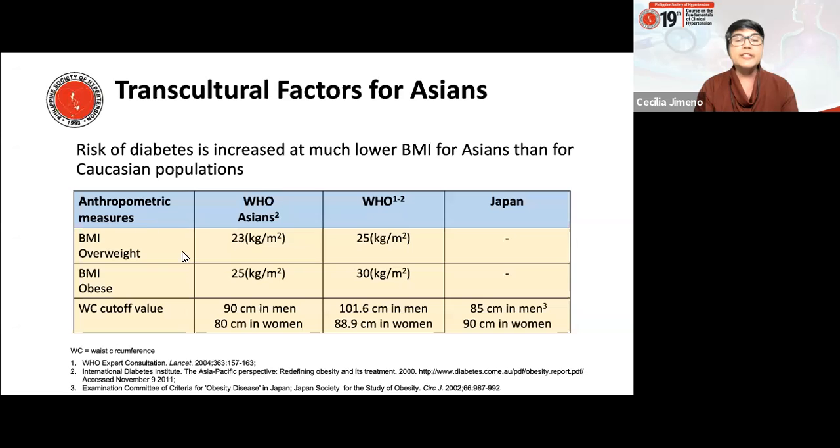So in the Asia Pacific cutoff, we know that the BMI threshold that defines overweight is 23 kilograms per square meter. The cutoff for obese for BMI is 25. And the waist circumference cutoff is 90 in men and 80 in women, much lower than the original international WHO cutoffs.